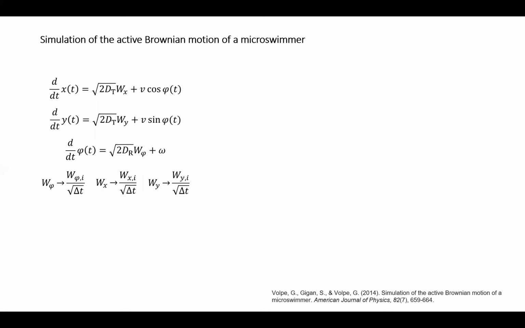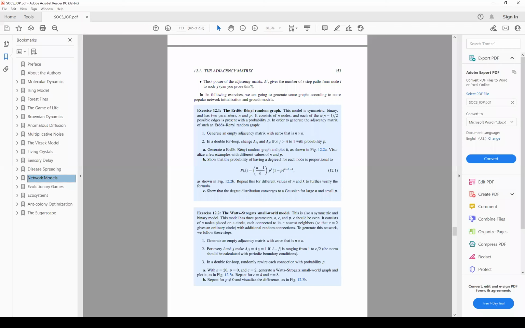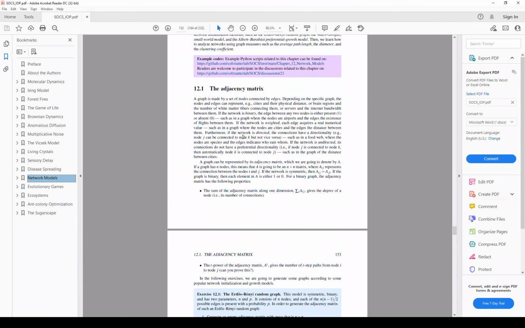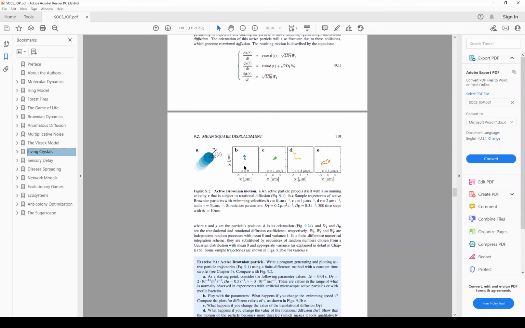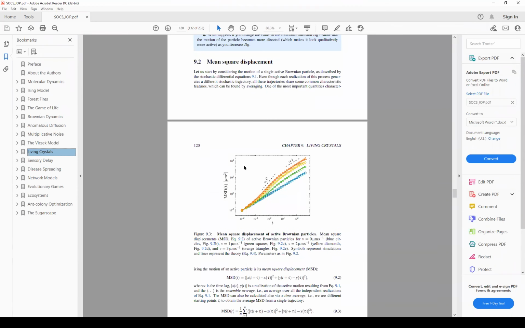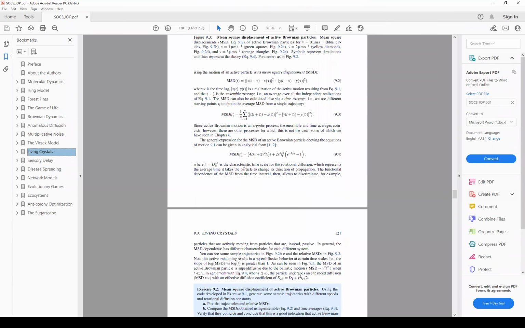And this term is proportional to the temperature and inversely proportional to the cube of the particle radius. Actually, maybe we don't mention the full expression, but I don't remember, 8 kBT divided by r cubed.